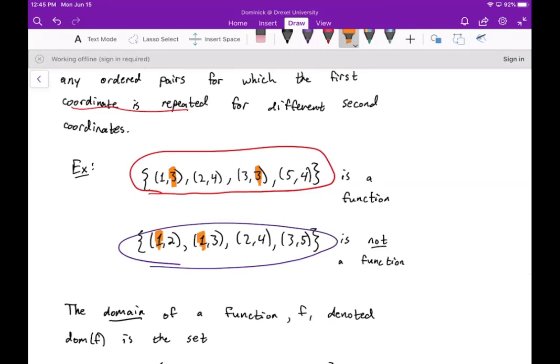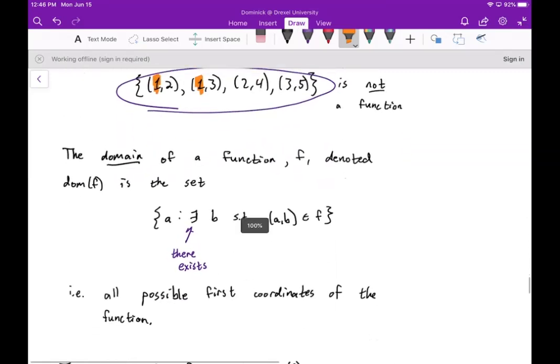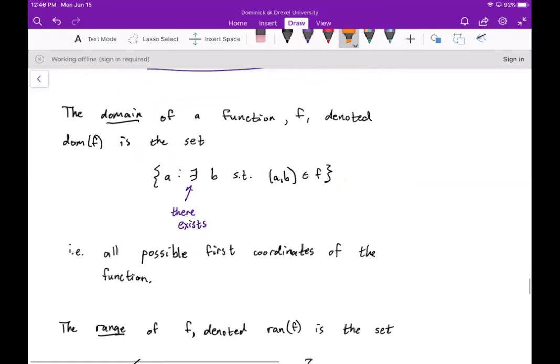Okay, now the next thing that we will do is look at the domain of a function. And again, this is probably something that you've already considered before. Now, the domain of a function, which we'll sometimes denote with DOM and then in parentheses the function itself, is the set of elements A such that there exists a B where that ordered pair (A, B) is an element of that function.